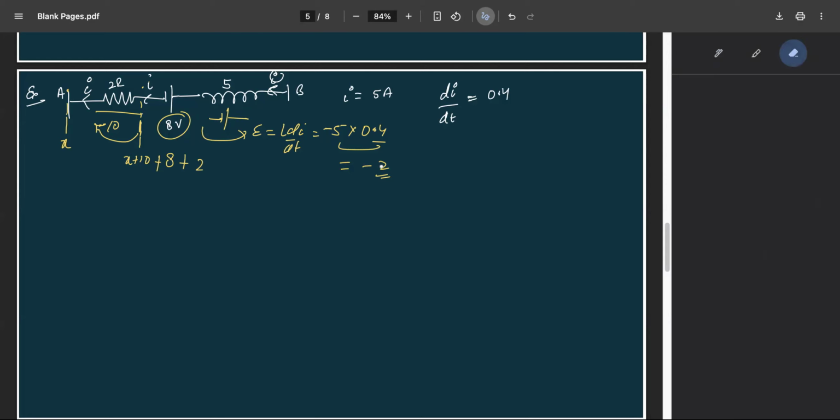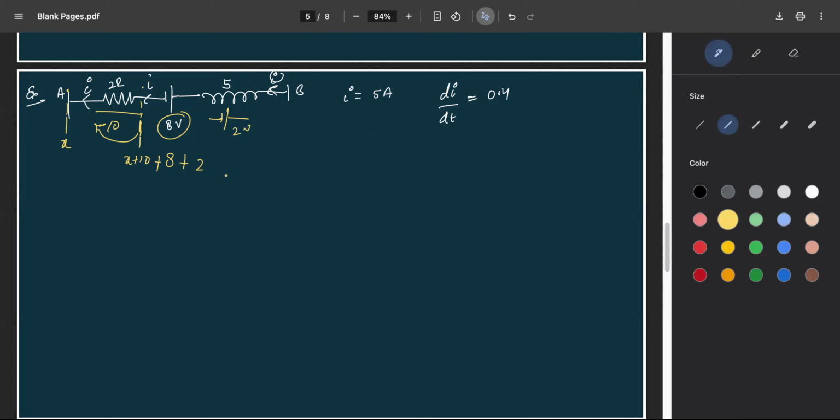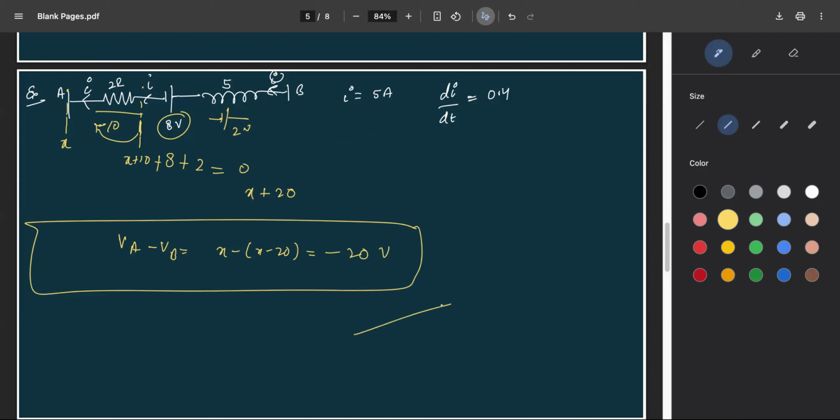This negative was just to get your direction. At the end of the day, you know the magnitude, that is 2 volt. So this gives you the answer x plus 20. So what is VA minus VB? That is x minus x plus 20, which gives you negative 20 as the answer. Clear? That's the answer, Kirtana. Any doubt?